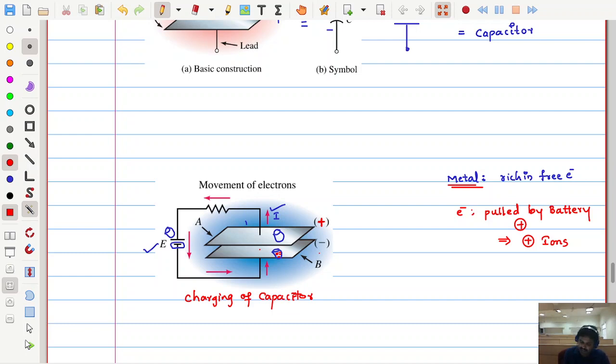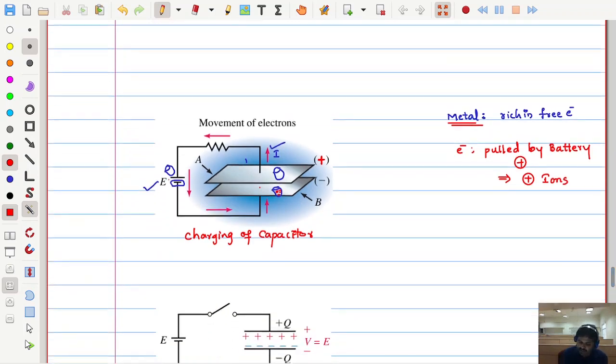That means indirectly the battery is doing some work in making these plates positive and negative. In this process of charge separation, positive charge is deposited on the upper side plate and an equal amount of negative charge is deposited on the lower side plate.